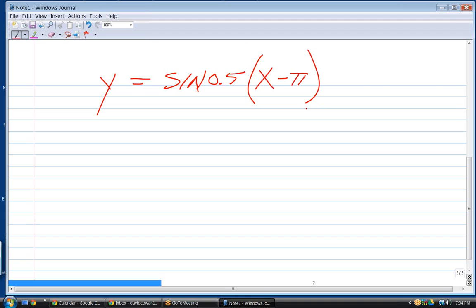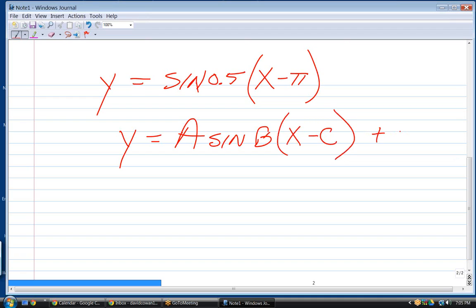Okay. Cool. So we're looking at a sinusoid function. The general equation of a sinusoid function is this. I'm not sure how much of this you've had. Have you had the whole thing?